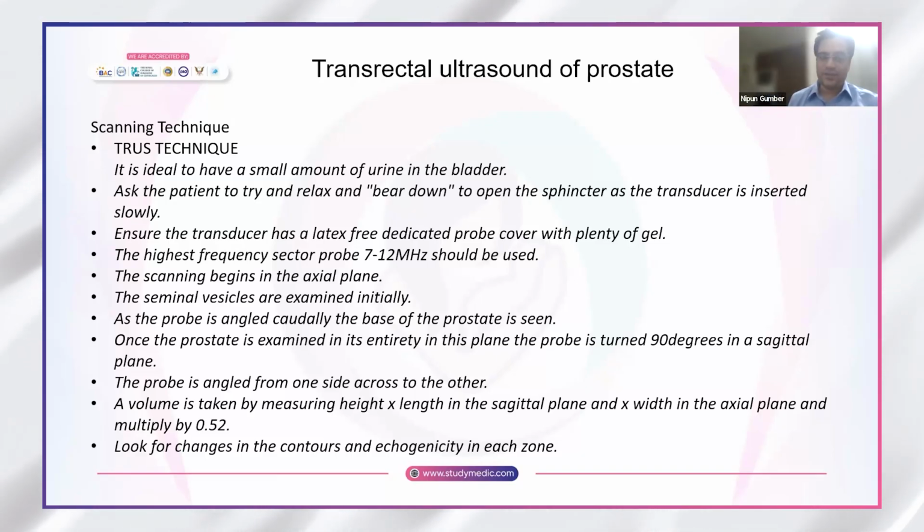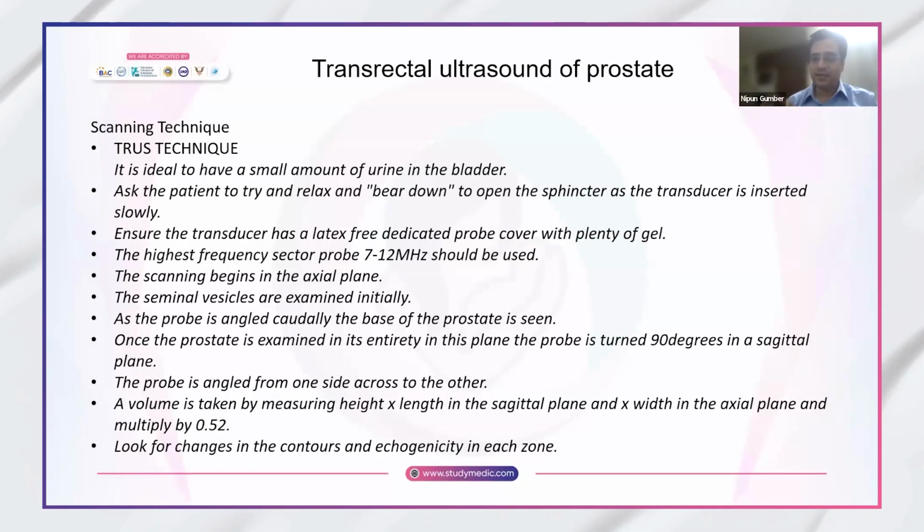Then ask the patient to relax and tuck his knees towards the chest so that the sphincter gets relaxed and you can easily insert the probe in the anus. Now cover the probe with the dedicated probe cover and put lots of lignocaine gel. Now put some lignocaine gel near the anal opening and with gentle pressure insert the transducer in the anal canal.